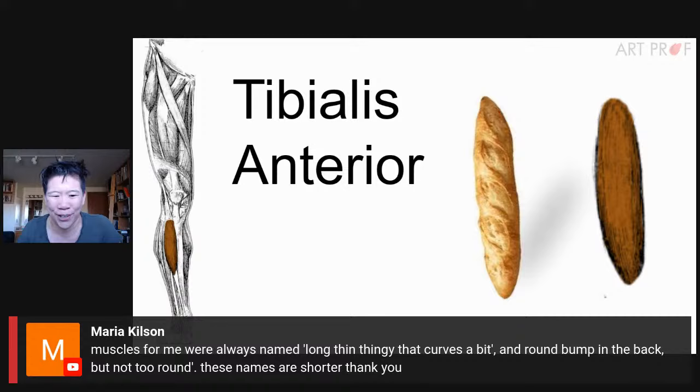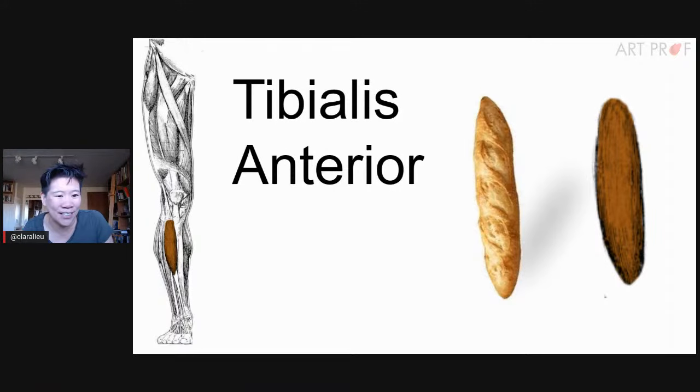These names are shorter. Well, if it's not working for you to say tibialis anterior, just say the baguette on the front of your leg. It's a lot easier. I mean, to me, the sternum, which is a bone in the rib cage, I call it the necktie bone. It's just a lot easier. So whatever works, doesn't matter.